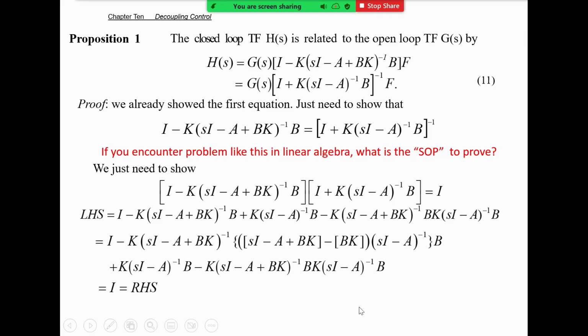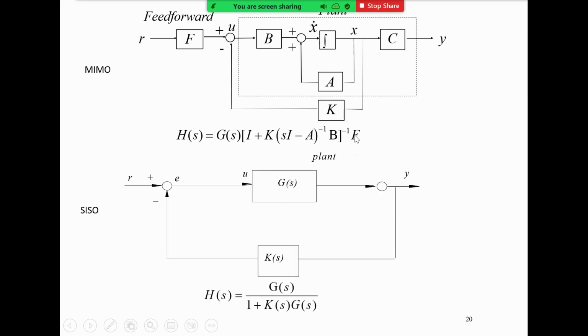Okay, and then we have proved the relation between the open loop transfer function and the closed loop transfer function, right? Actually, this is the formula for the single input, single output case, which you can say are very similar to each other. Here we have 1 plus the open loop.